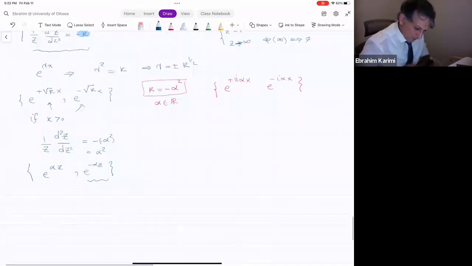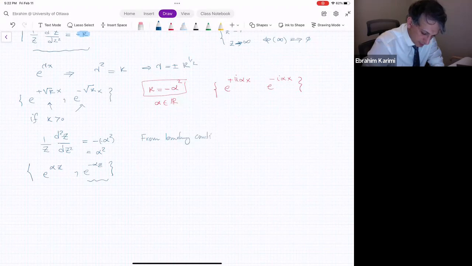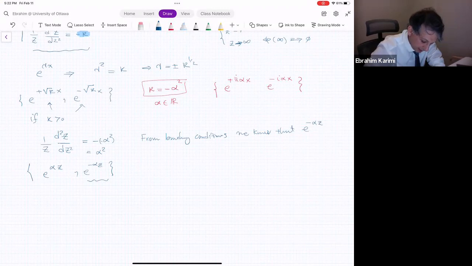Okay, from the physical boundary conditions, we know that e power of minus alpha z will remain. So the other term will be gone because the potential is not increasing.